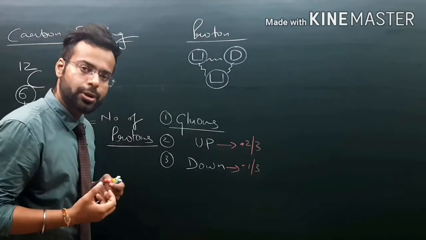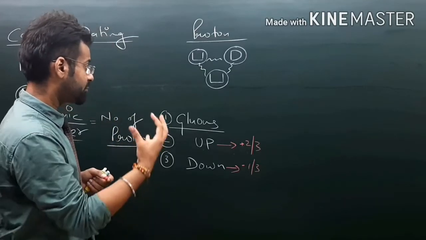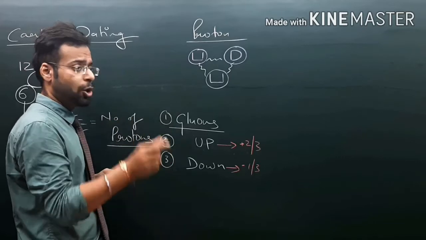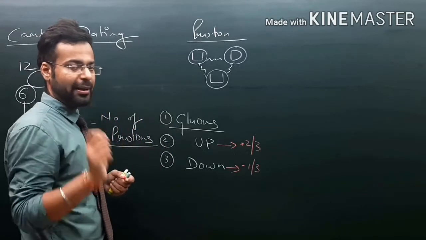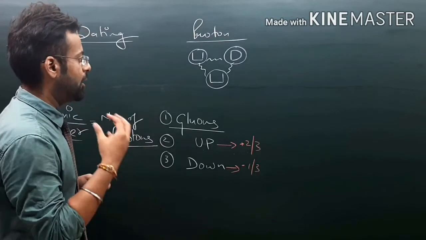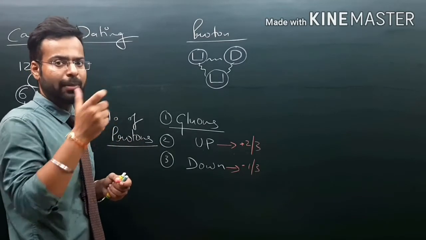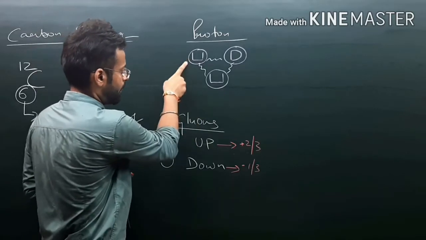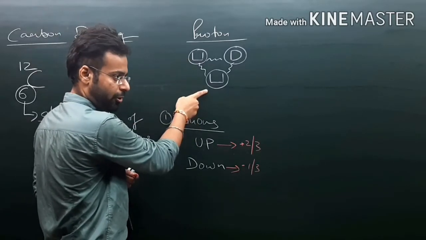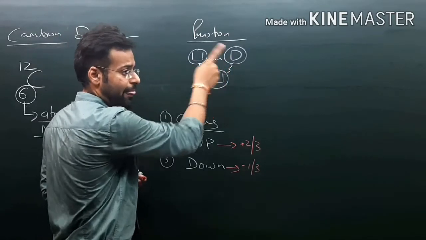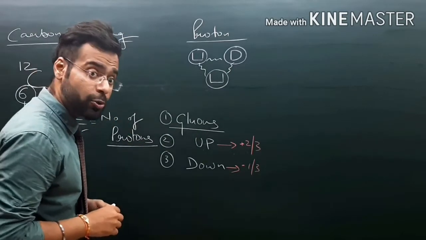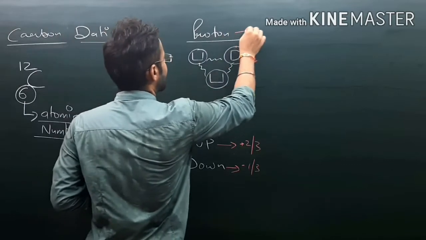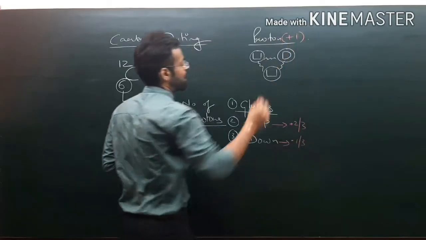So the total charge that the proton has is 4/3 plus negative 1/3, and that is the total of positive 3/3. Simple math. That makes a positive of 3/3, and that is actually equal to +1. That's why we say a proton is +1 charge.